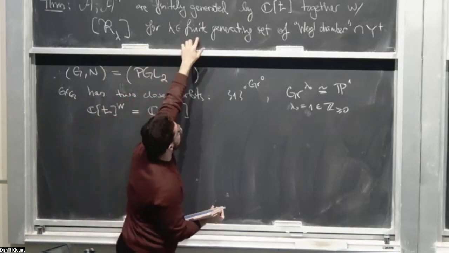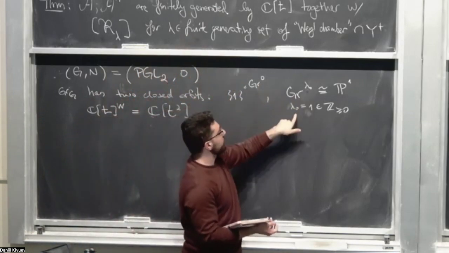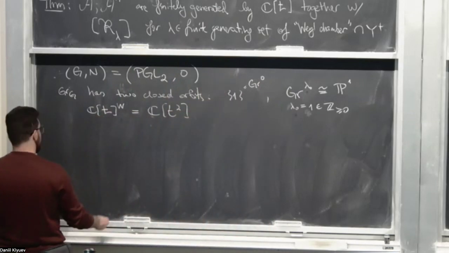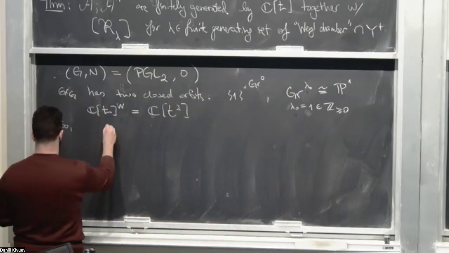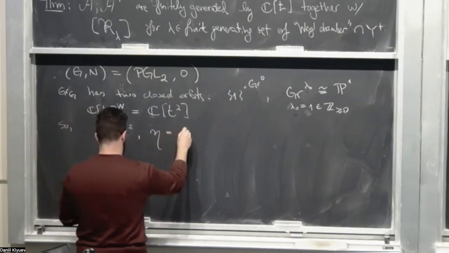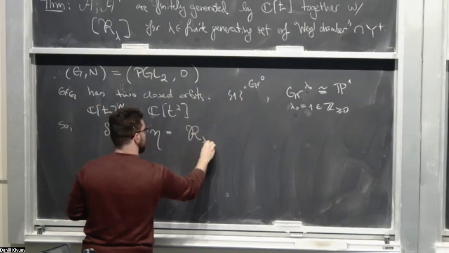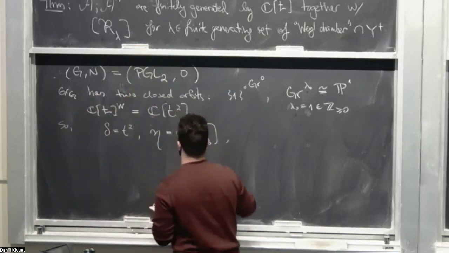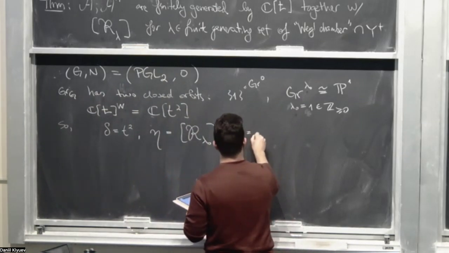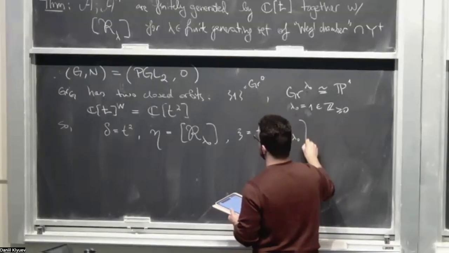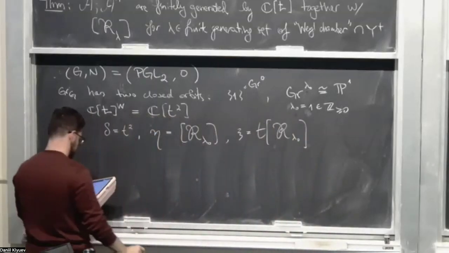The point is that for this set, I can just take lambda 0; there's just one of them and it's enough. Delta for t squared, eta for the fundamental class of the P1. That will be enough, and there's also one more element we need, which is t times it, because in here we only have t squared.